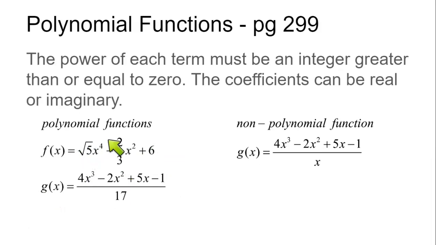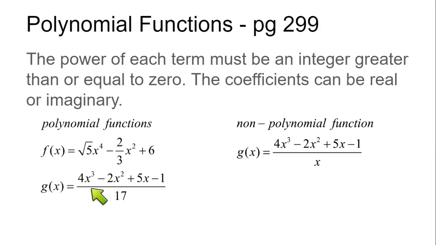Here we have the square root of 5 x to the 4th minus 2/3 x squared plus 6, where each power, so 4 and 2, are integers greater than or equal to 0, so they're non-negative, and the coefficients, square root of 5, negative 2/3, and also the 6, are all real numbers.